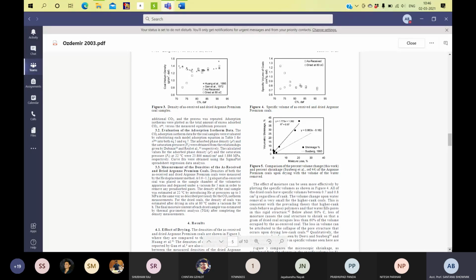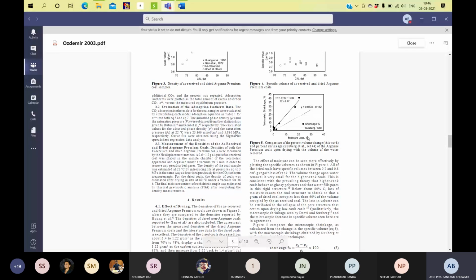Okay, in this third graph, figure number 5, they plot the adsorption volume and the shrinkage. I have also discussed with you that during adsorption the volume will increase, it is the swelling effect, whereas during desorption the volume will decrease because the pore pressure is released. So they measure the shrinkage effect here also.